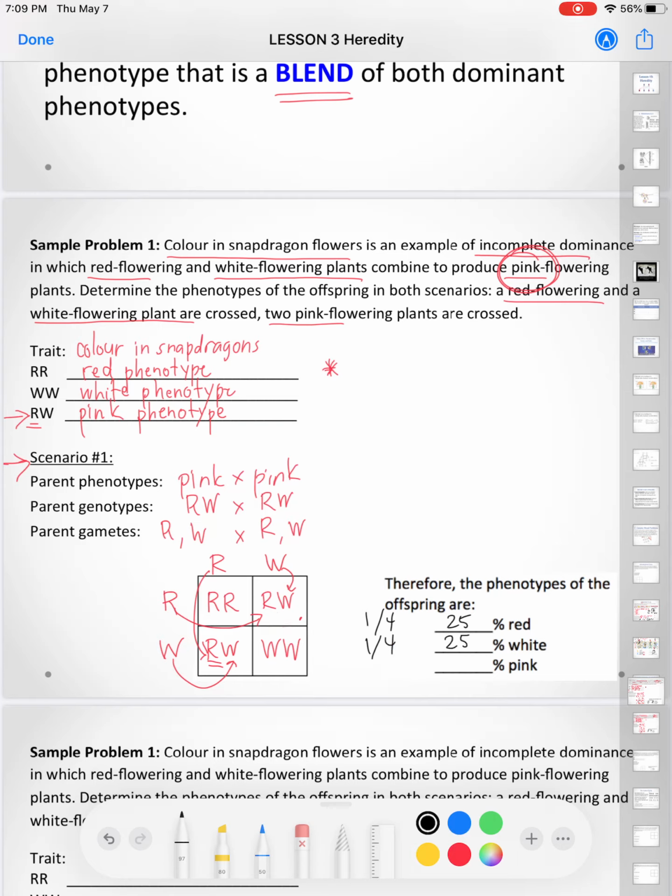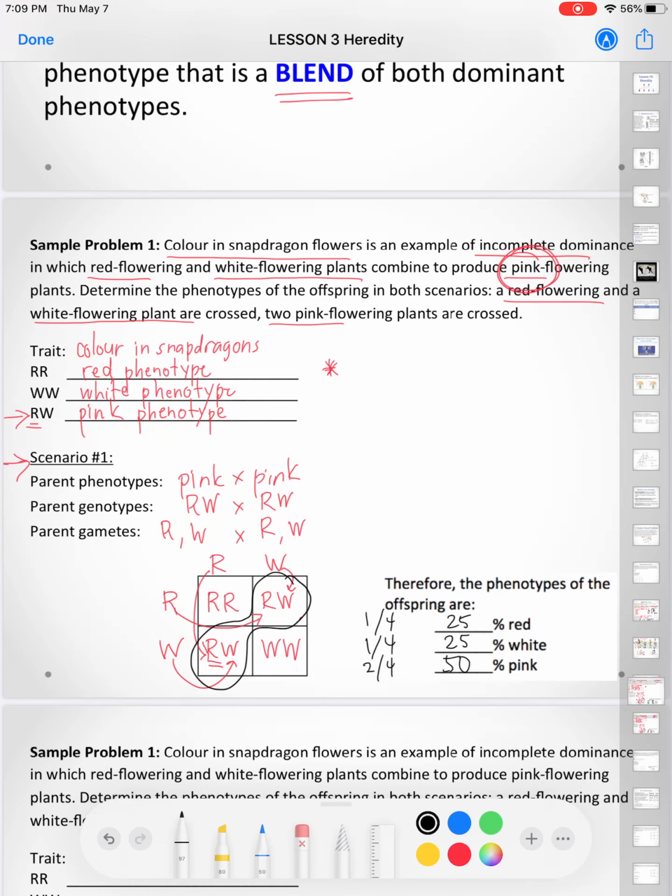Okay, and the last 2, these guys here, 2 out of 4 are pink, so 50%. Okay, so that's how you would do an incomplete dominant question.